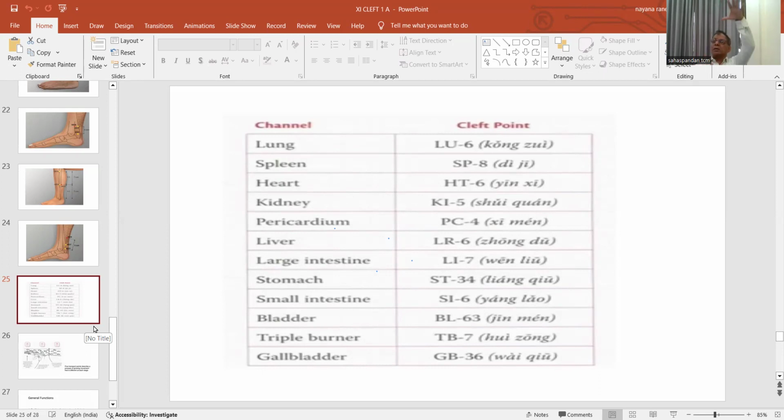If some gate is there, and when we pick up the gate, the flow of water should flow under that gate. So this Xi-cleft point is like the channel gate. It is regulating the nature and rate of the channel flow.